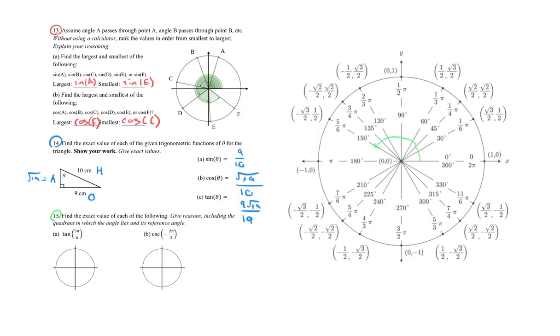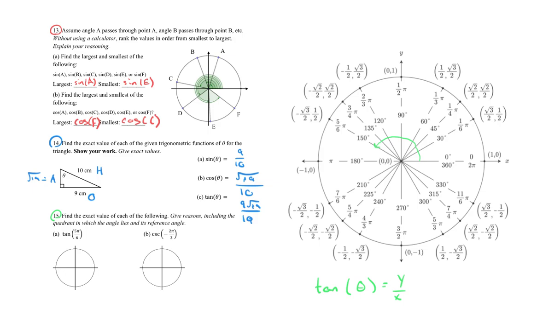So tangent is sine over cosine, and we know sine is our y value on the unit circle and cosine is our x value. So tangent of some angle is going to be y over x. So you can see here that our y value is 1/2 and our x value is negative square root of 3 over 2.